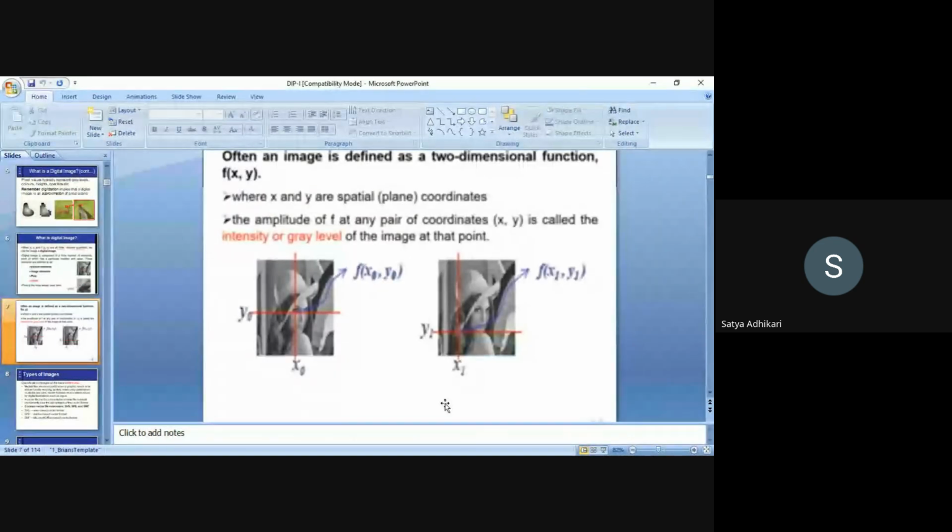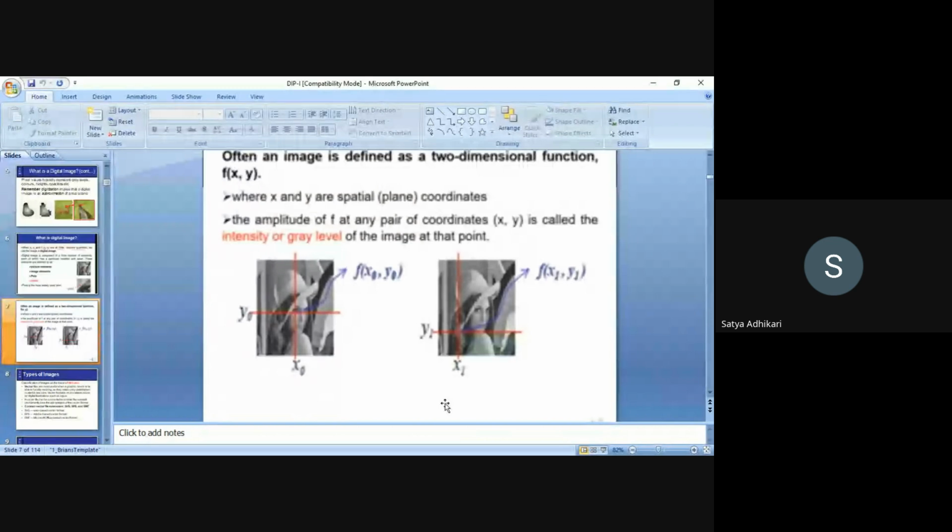You see, we will get more clarity about the digital image here. Where x and y represent, there is an x coordinate.